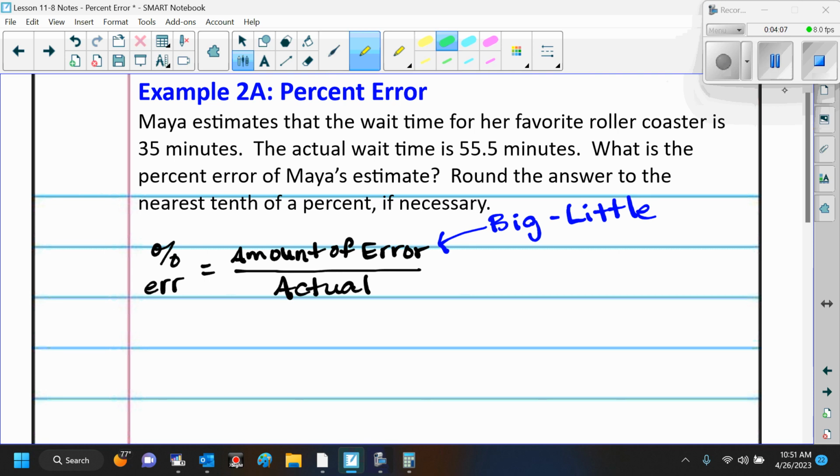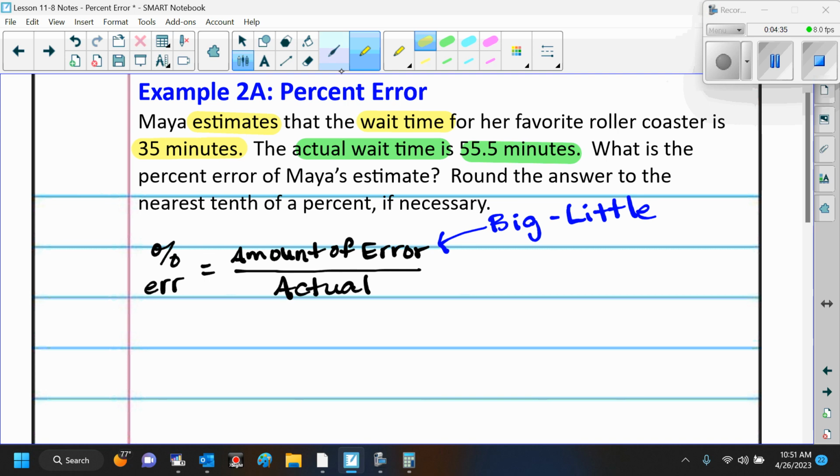What is the actual? Okay, so the actual wait time is 55.5 minutes. What else is important here? Right, the estimated wait time is 35 minutes. So that's the important information that you should have listed in your notebook, right?